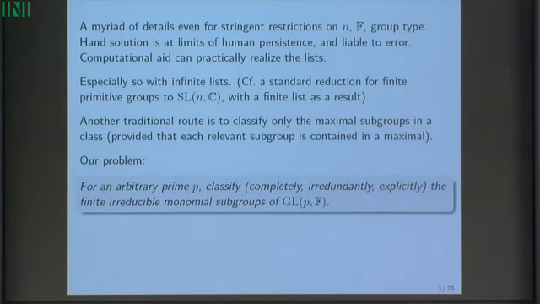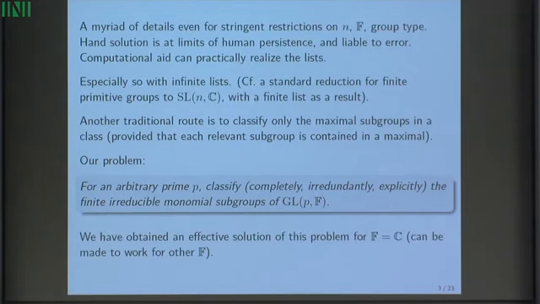But this is the problem that I'm going to talk about, that we have a good solution to, an effective solution: for an arbitrary prime P, classify, in our sense, completely, irredundantly and explicitly, all of the finite, irreducible, monomial subgroups of GL(P, F).